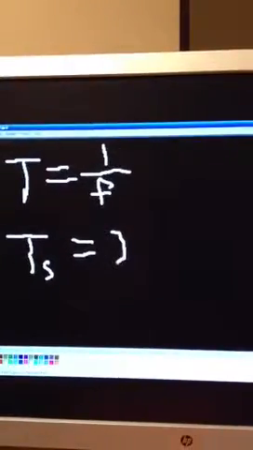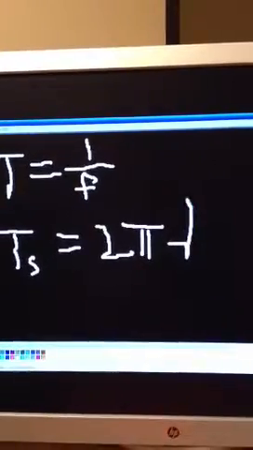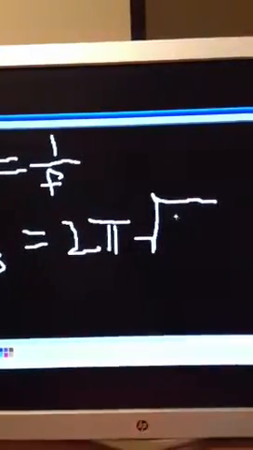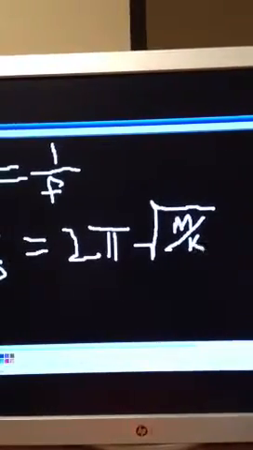Since we are dealing with springs, there is another equation that says the period of a spring is equal to 2 pi times the square root of the mass over the spring constant.